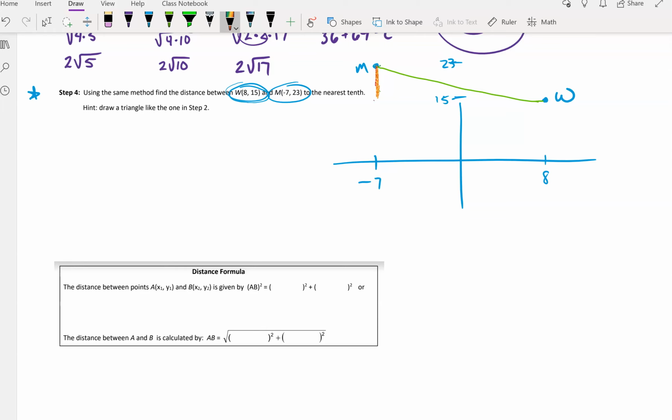And then I need to figure out this distance all the way across here, this horizontal distance from M to W. So it's like I'm building that right triangle, but I'm going to do this with a formula instead.